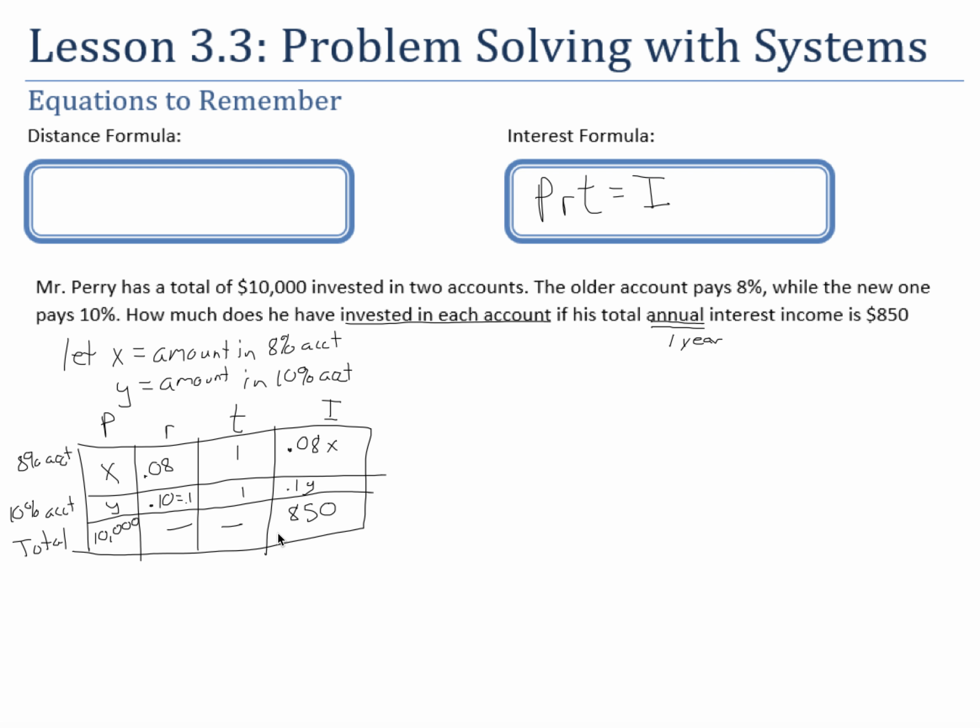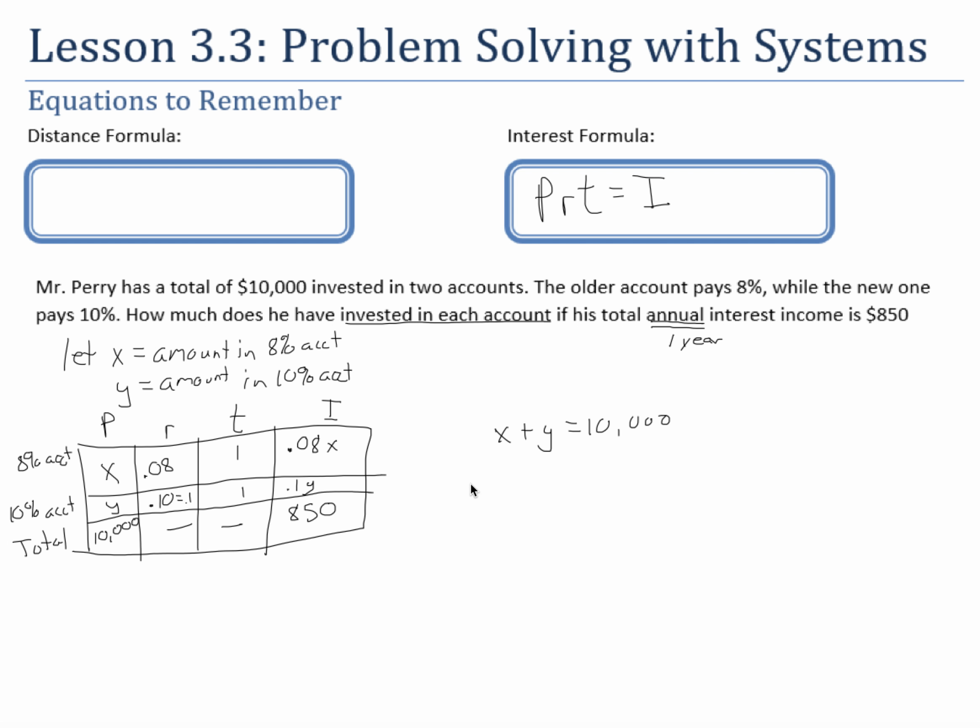The nice thing about setting them up like this is our two equations for the system. Your equation for principal: our amount in 8% plus the amount in 10% equals the total. So we have x plus y equals 10,000.